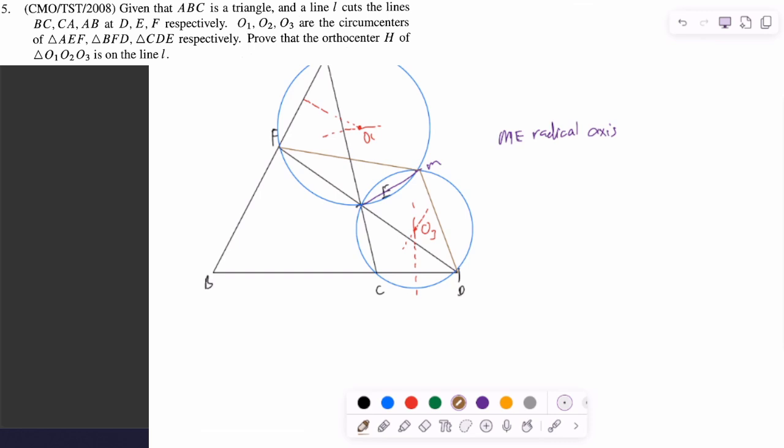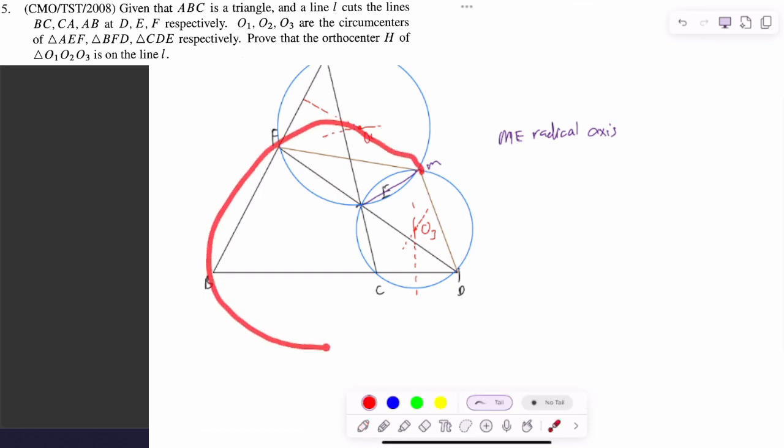Okay, now hopefully the ideal scenario is we want to find out that this is also cyclic. Why? Well, once we know it's cyclic, there's a lot of nice things that we can do with segments and stuff.